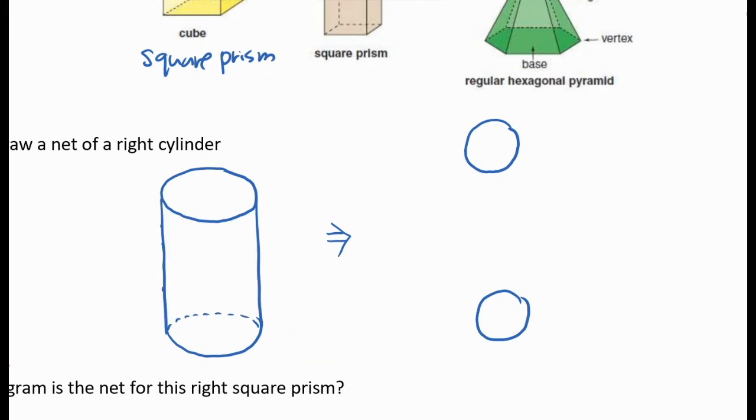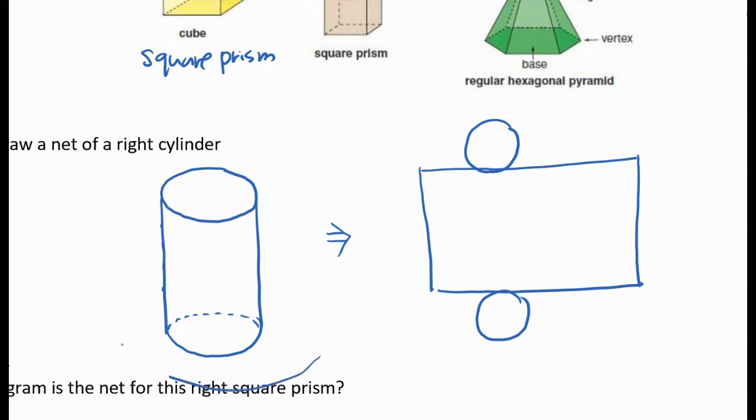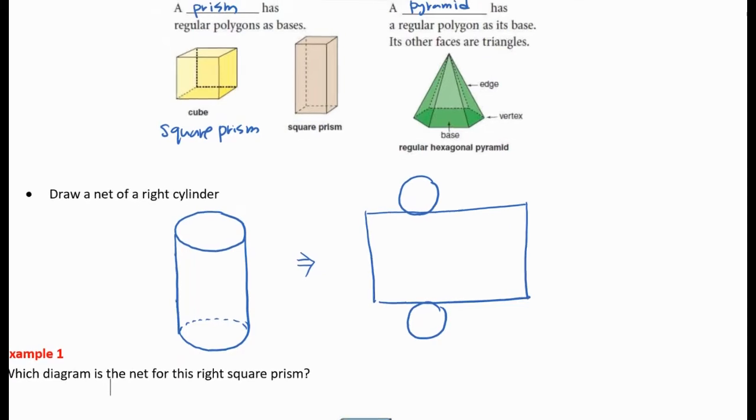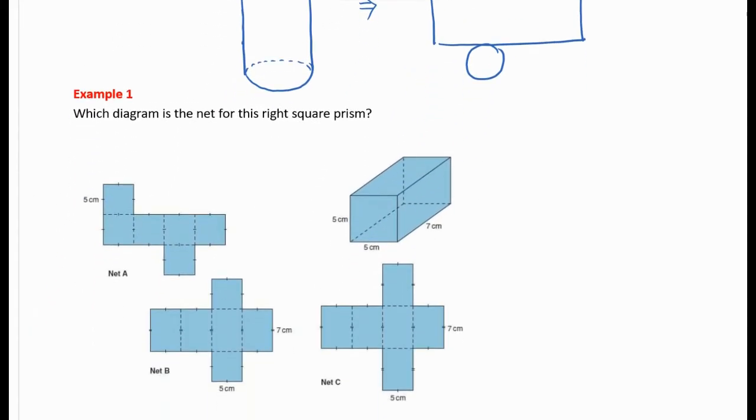This is a rectangle. Okay, so if you draw it, it will be like this. And if you fold it up, you will get a 3D shape like this. All right, everyone?